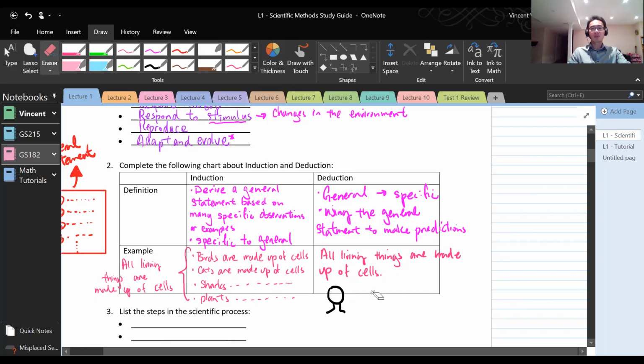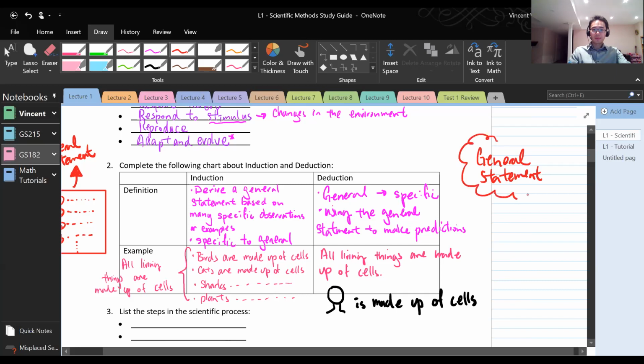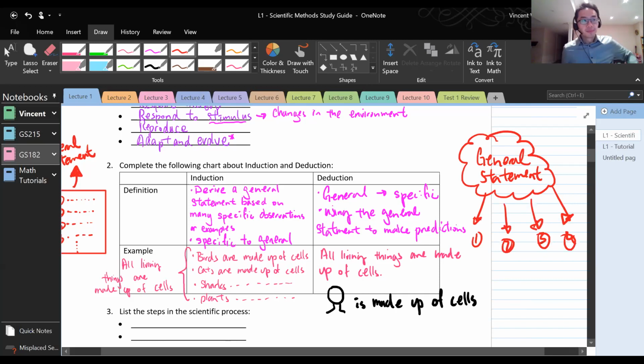And since all living things are made of cells, then these little thingies must also be made up of cells. So again, you start with that general statement, and then you apply it to different situations, and so on and so forth. Is this okay? Any questions?